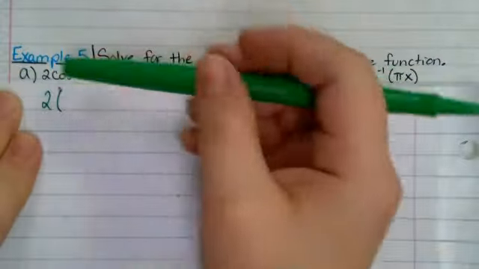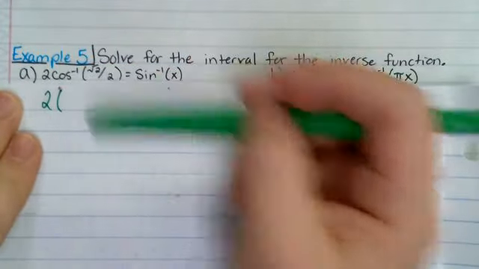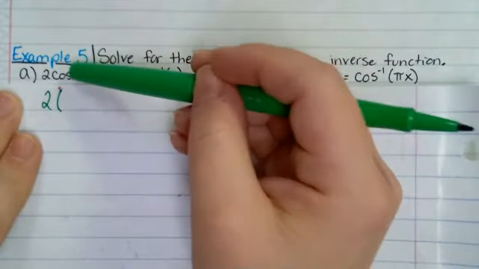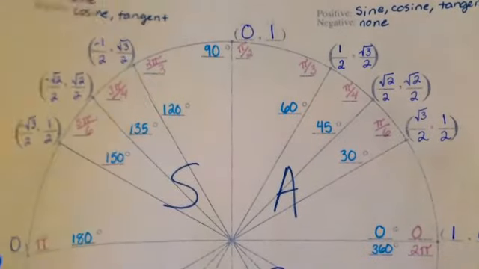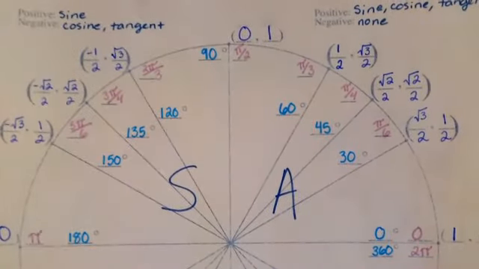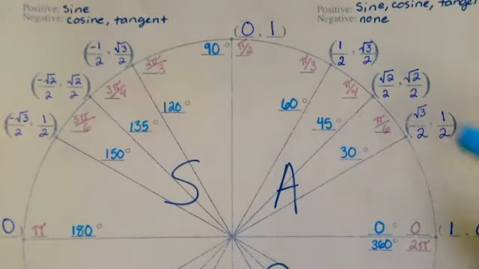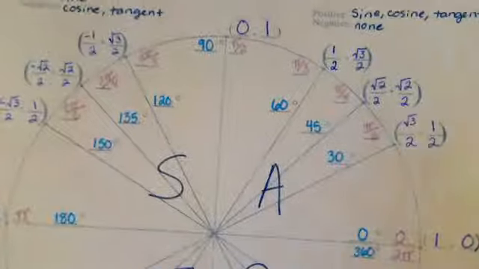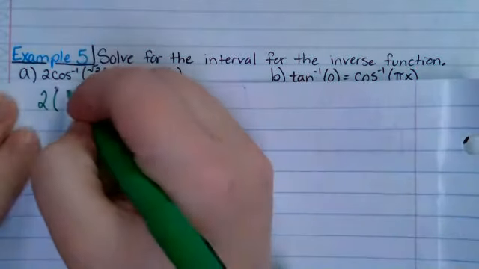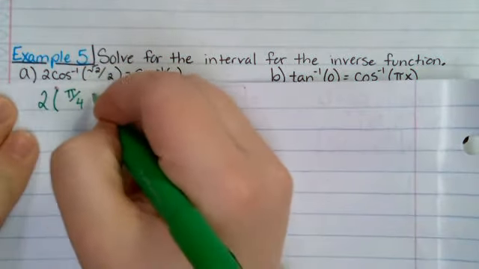And we want to know where it is root 2 over 2 for your x coordinate. That's right here at pi over 4, right? So we're going to replace that part, which is pi over 4.